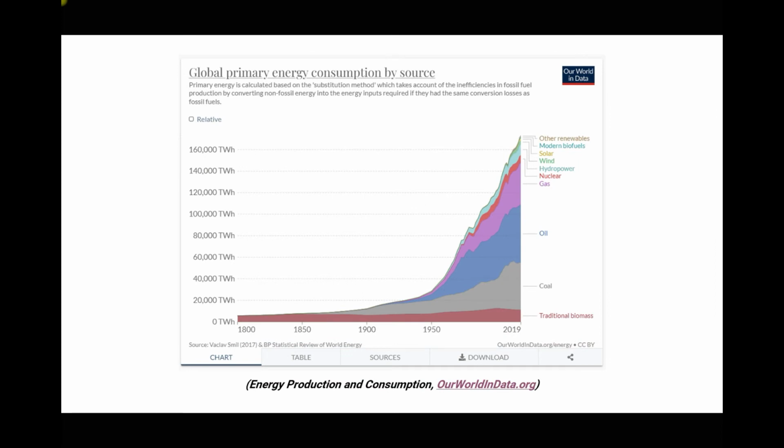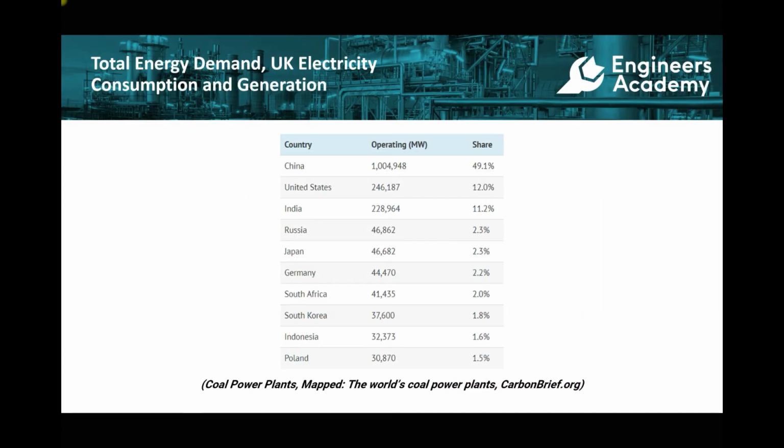So what other evidence might support the fact that other countries are still using a lot of coal in the production of energy? Well, this table shows some additional interesting data, because what this shows by country is how much of their electricity is being generated from coal. Now we see that China still has a huge amount of their electricity being produced from the combustion of coal. And of all of the coal being used throughout the world, that amounts to 49.1% of all of the coal being used.